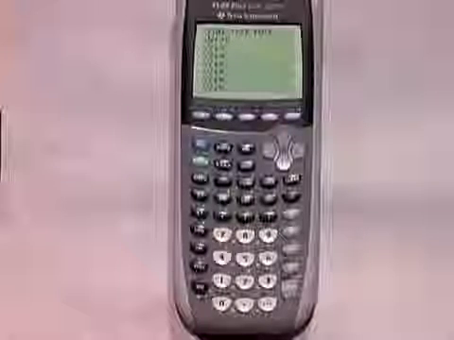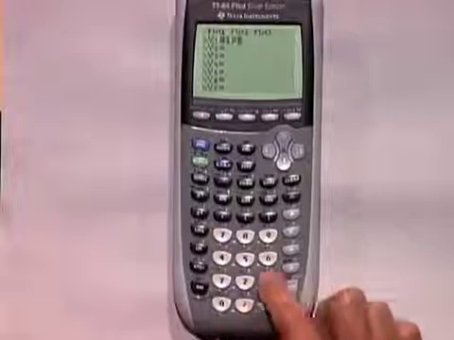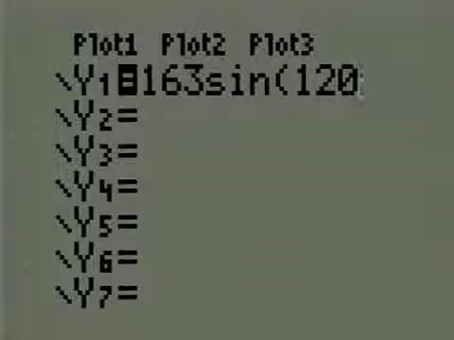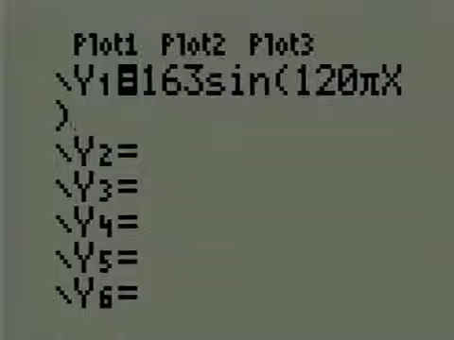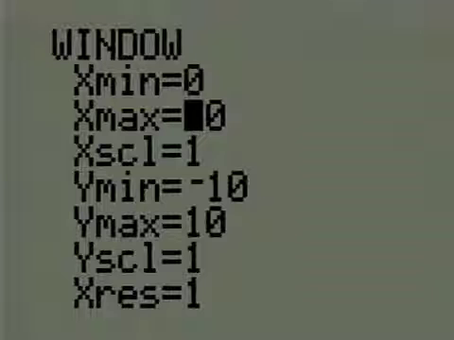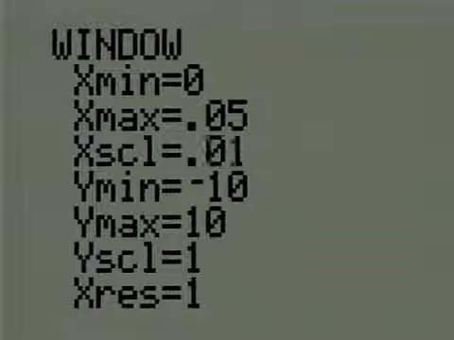So let's enter the function in y equals. We want to enter 163 sine of 120 pi times x, using x for the calculator's sake. As a window, we're directed to set 0 to 0.05, and we could set a scale of 0.01 in the x direction.